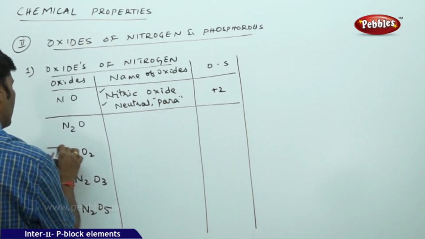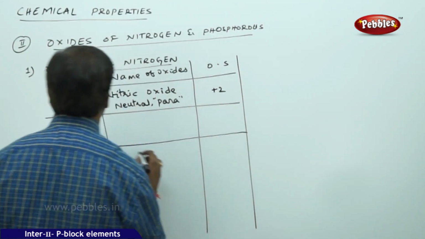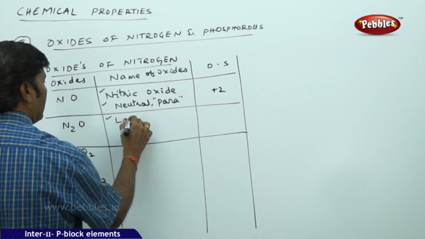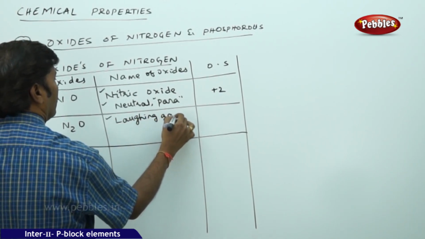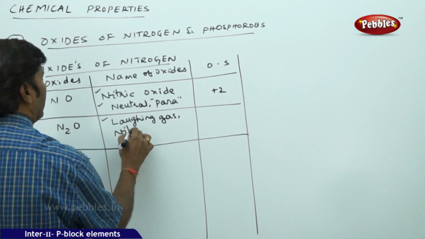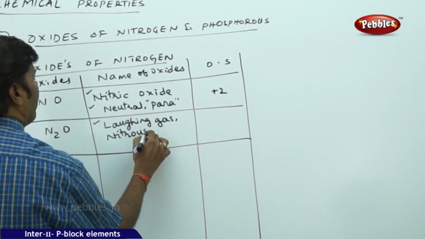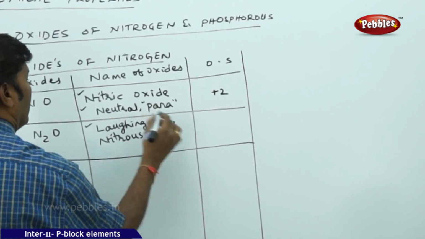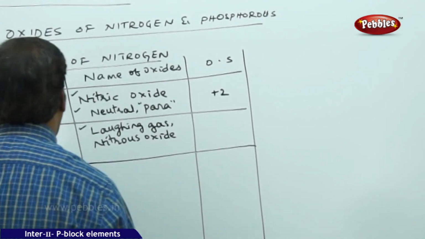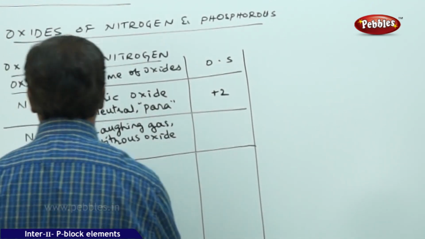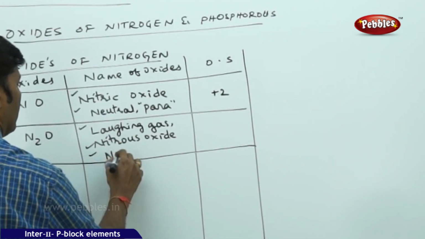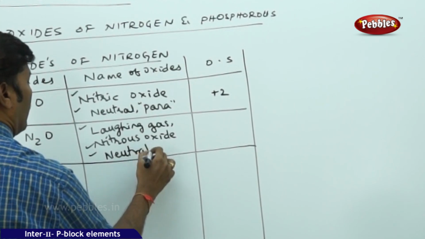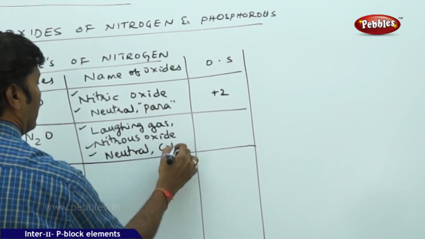Go for nitrous oxide, it is very popular. We can call this nitrous oxide laughing gas. This is also a neutral oxide, and it is colorless.